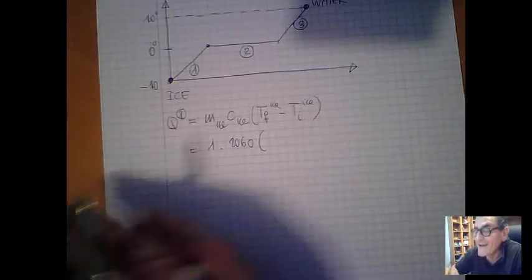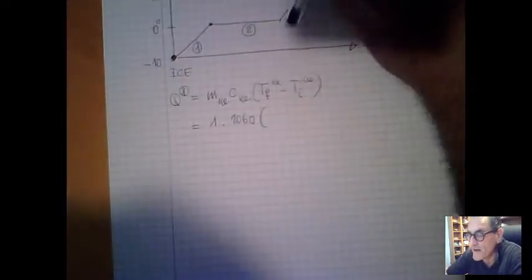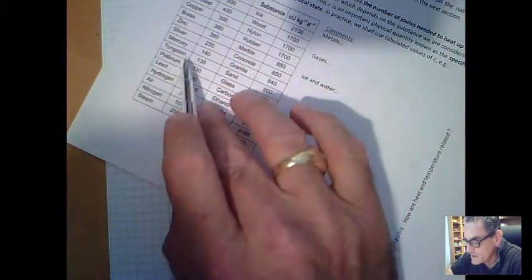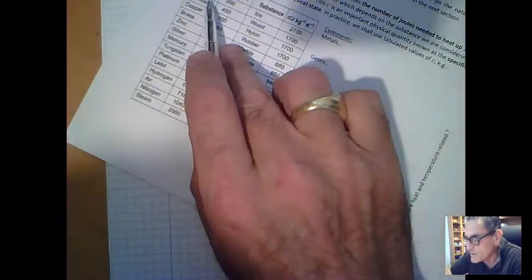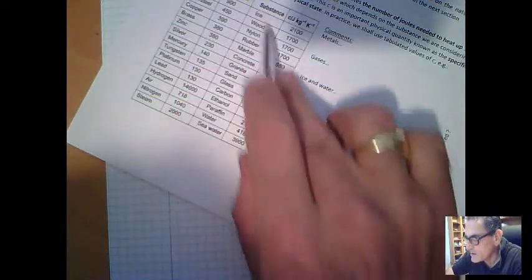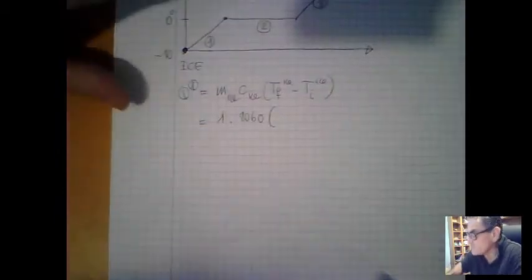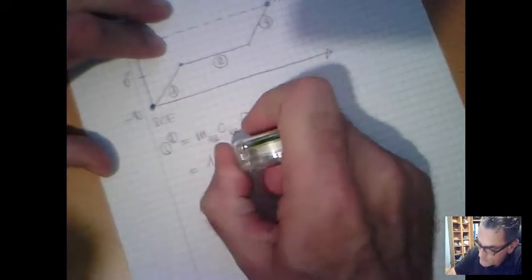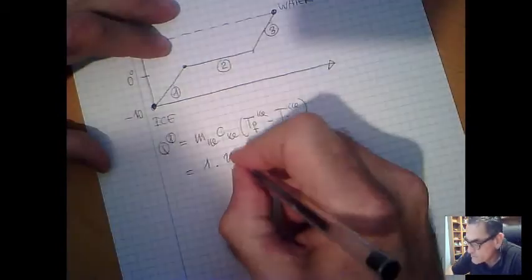In that table which I have added inside my course, there is this value. Oh, here, there's a second column. Yeah, ice 2000. Okay, so let's take that value. I'm not going to scream because you took 2100 instead of 2060. Let's say 2100. So we have the same calculations.